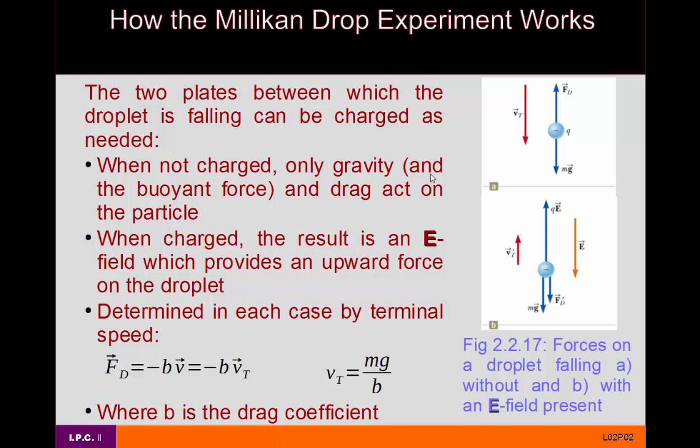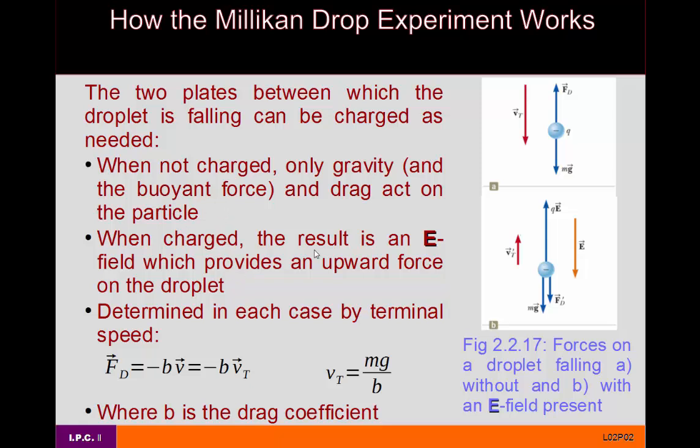Gravity, of course, is going to be the mass of the droplet times g. Mass of the droplet you find by figuring out the volume and density of the droplet. That's relatively easy to do. Then you have the buoyant force, which you can treat as a modification of the gravity force. And then the drag, which is going to have some form like negative b times v.